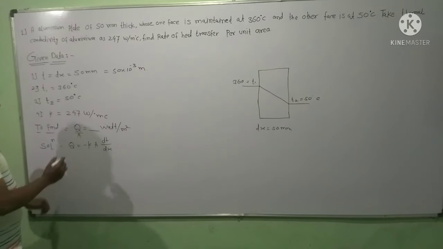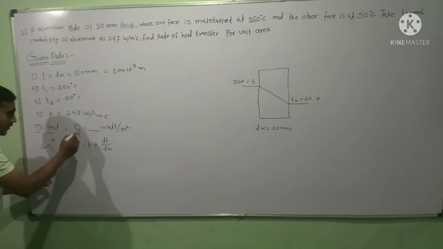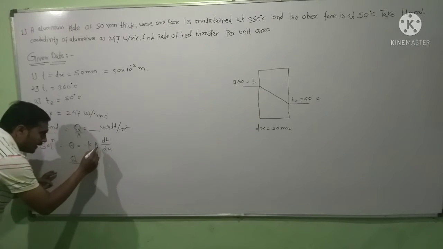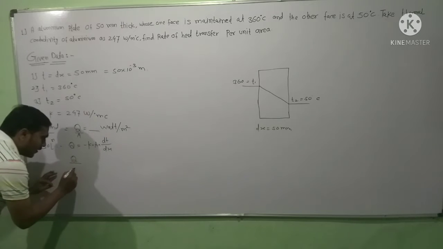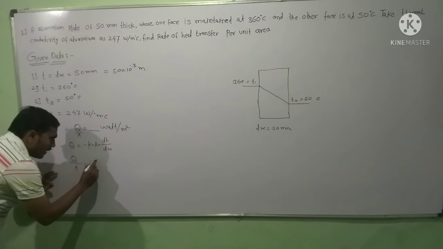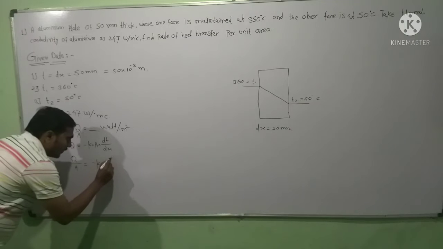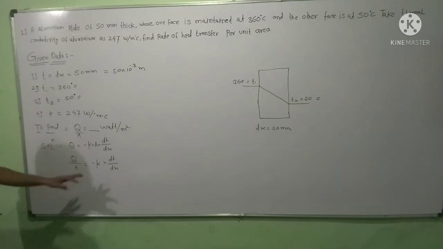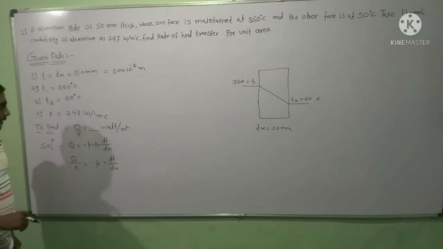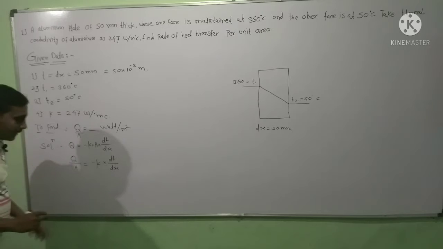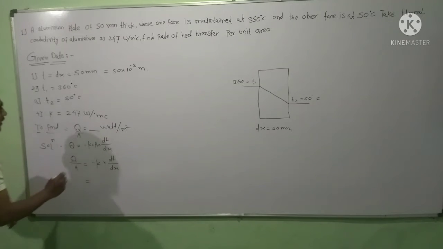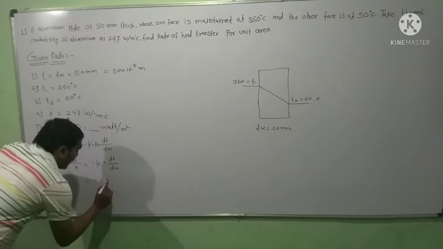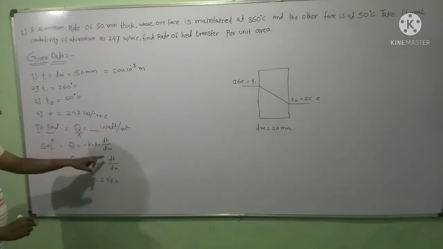According to that, we are interested in finding Q by A. A is in multiplication here, so it goes to division on the other side. Q by A equals minus k into dT by dx. This is the thing we have to find out, the rate of heat transfer per unit area. The value of k is given, the thermal conductivity, so it is minus 247 into the temperature difference.